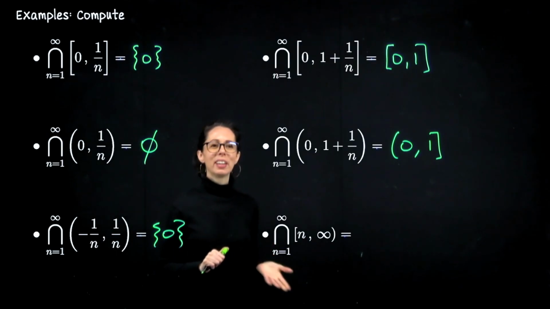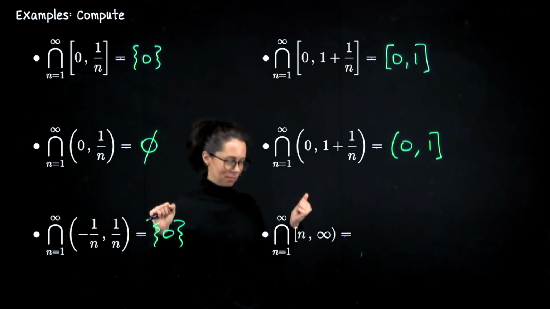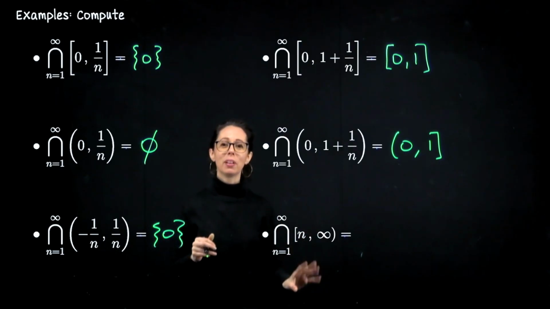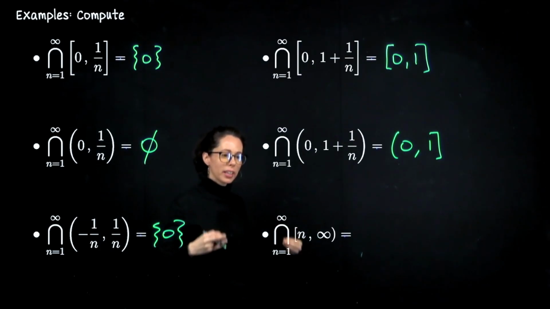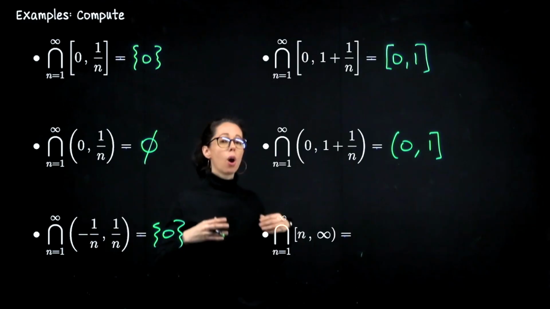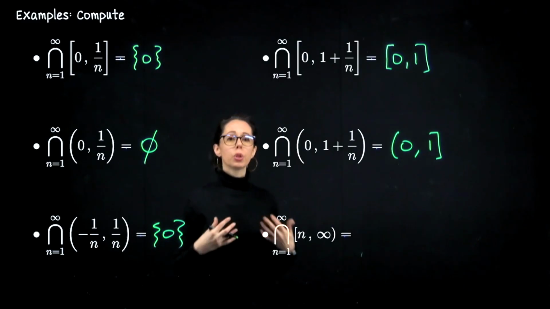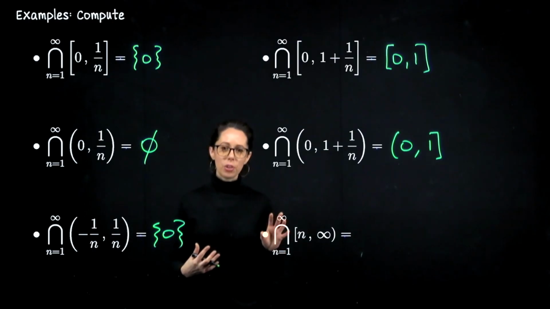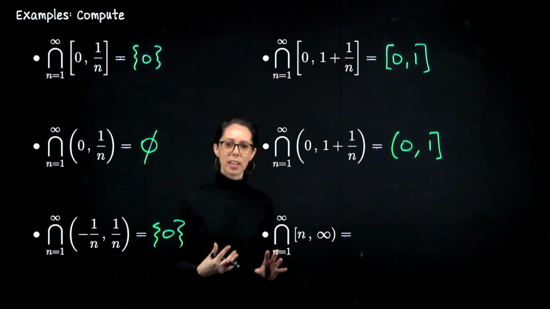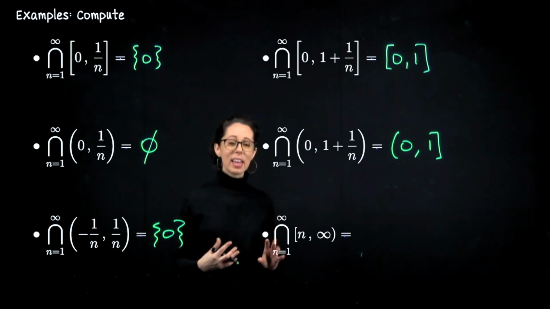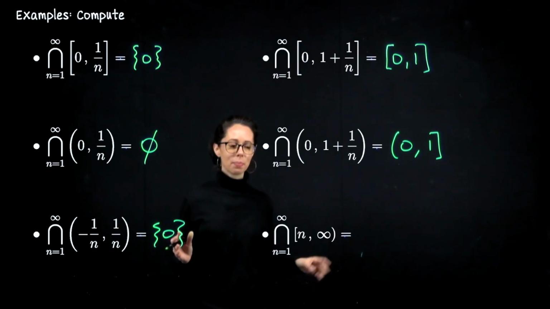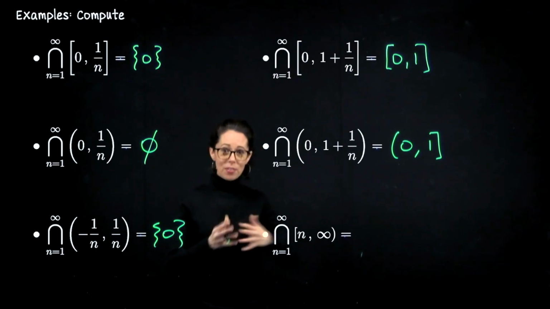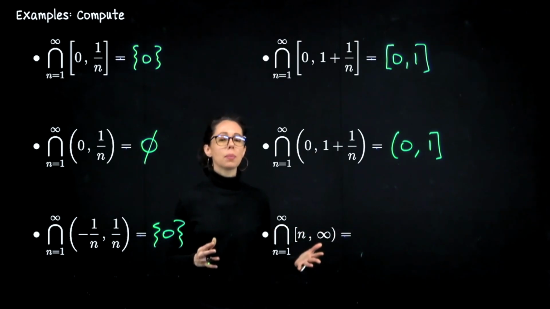Now, this last one often makes students a little bit uncomfortable because we're looking here at a family of intervals that looks like 1 to infinity, 2 to infinity, 3 to infinity, 4 to infinity. If you take any finite intersection from that family, it contains infinitely many elements. So if you go all the way out to n equals 50, your intersection would go from like 50 to infinity, and there's infinitely many elements in that.